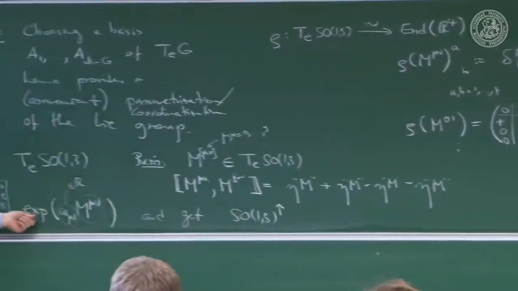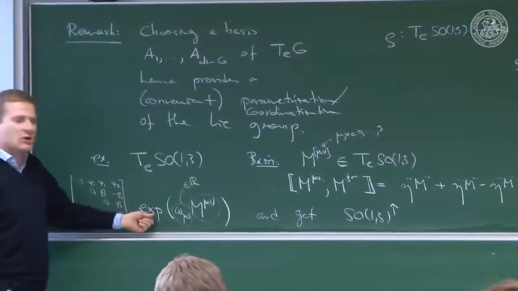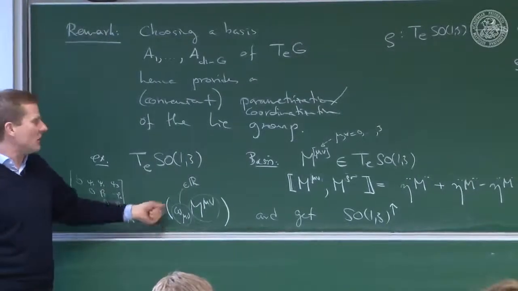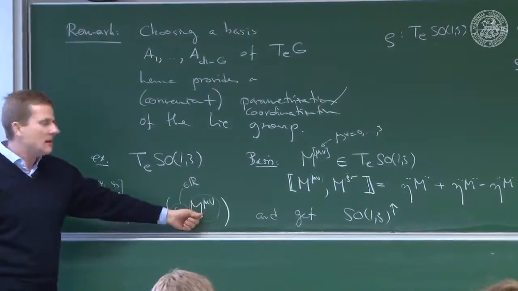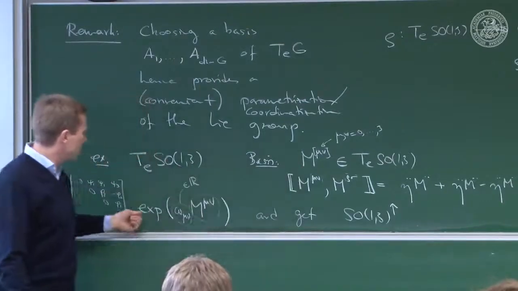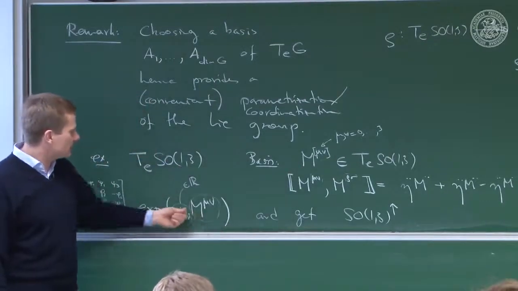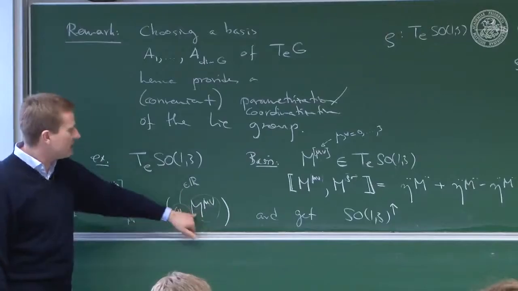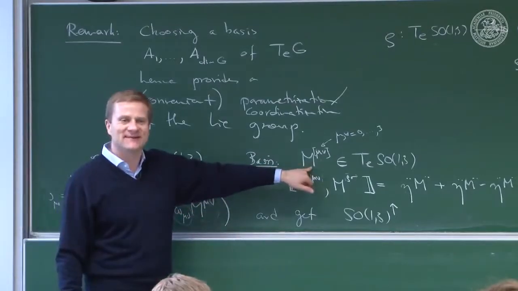And then the exponential map coincides with the exponential map you know, once you use a representation. But this here, as it's written here, is still fully in the abstract, and the exponential map is defined via the integral curves of the left invariant vector field generated from here.